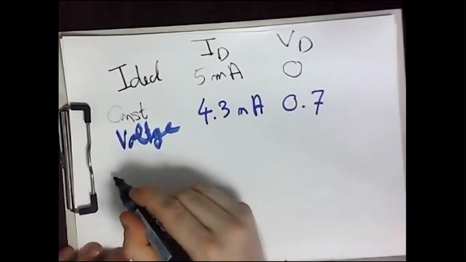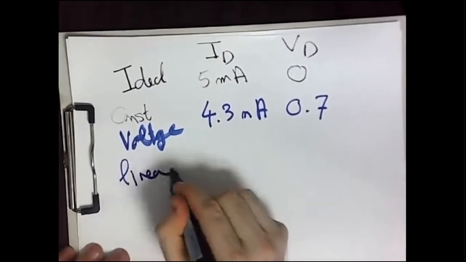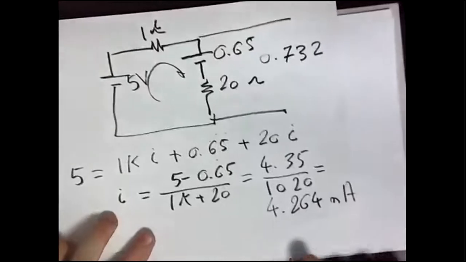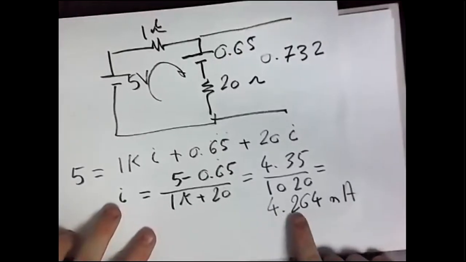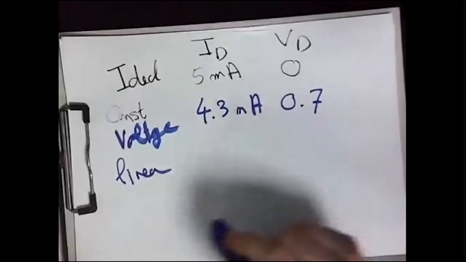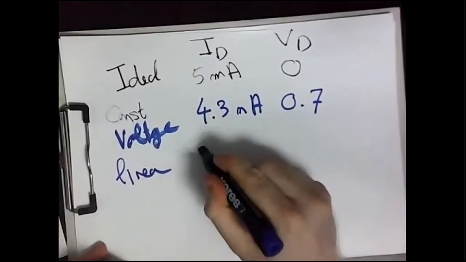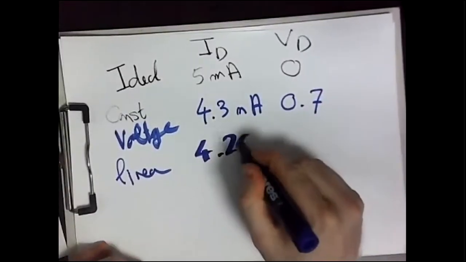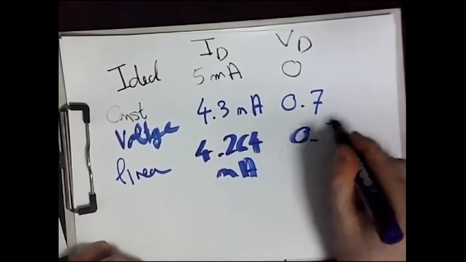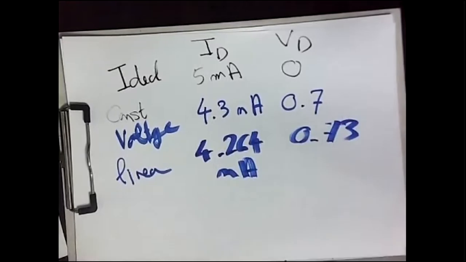Then we use the piecewise linear model. So we get I equals 4.264 milliampere and voltage equal to 0.732.